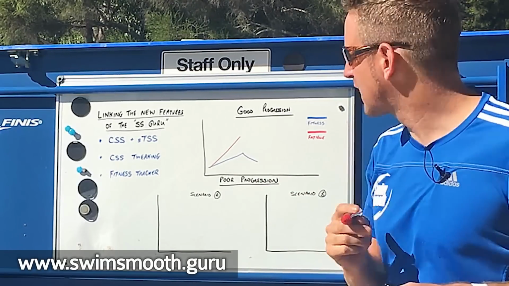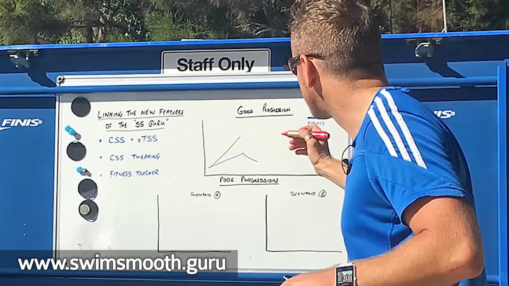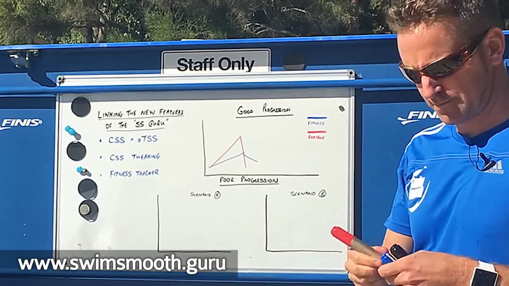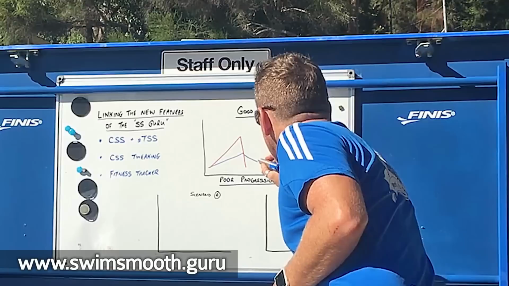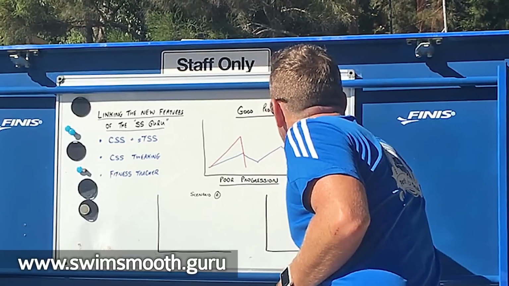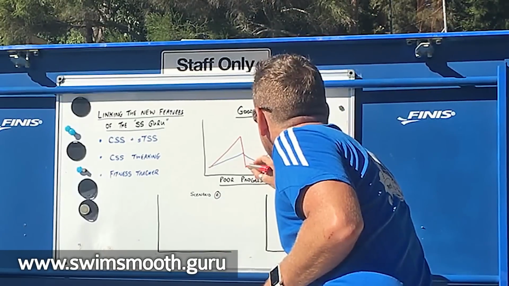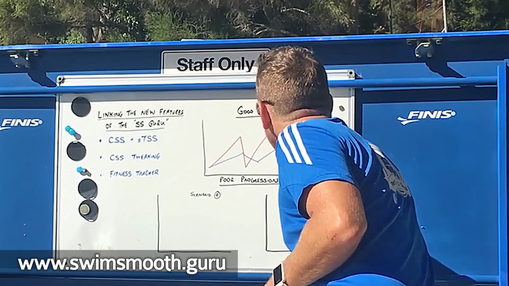But that rest and recovery period is important because we can get the fatigue line to drop down quite sharply as well. So over time, good progression looks like this, balancing out the fatigue.